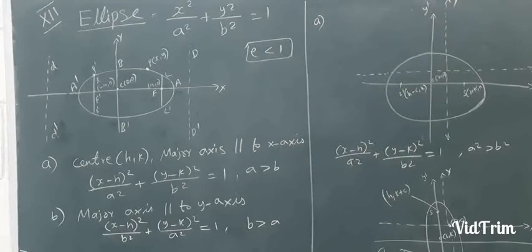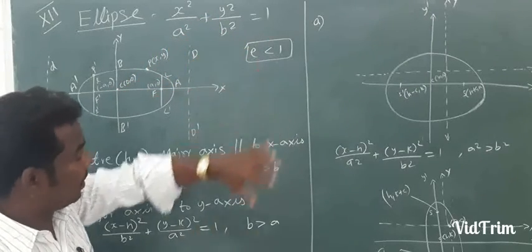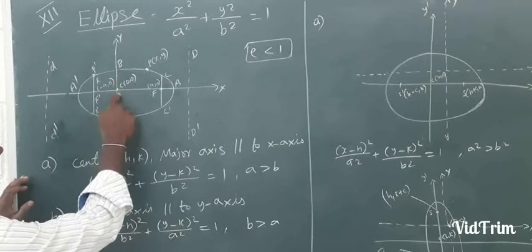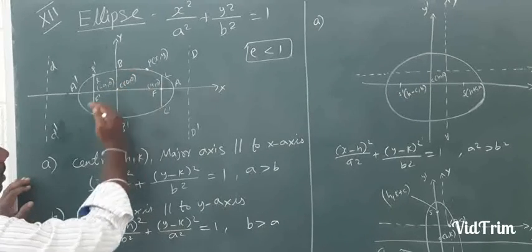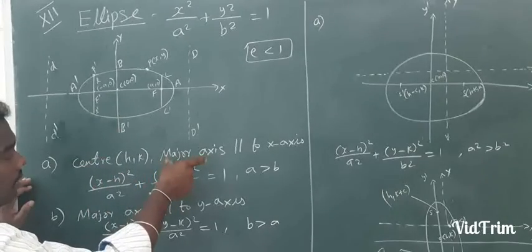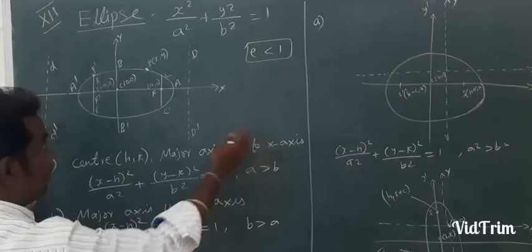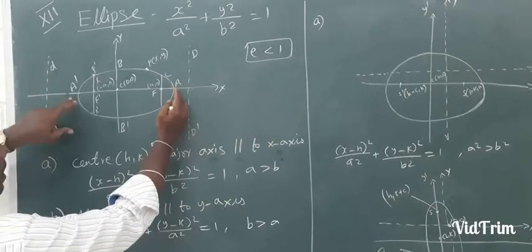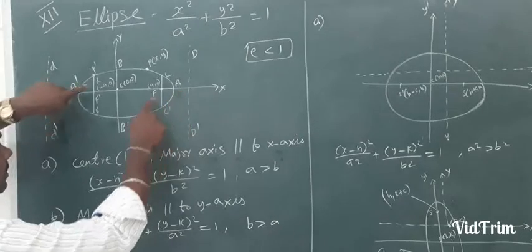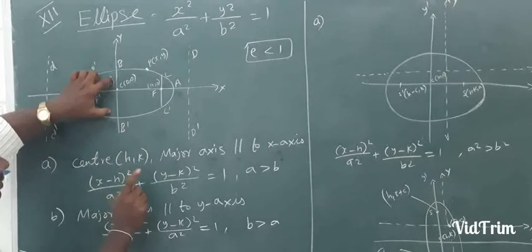The longest part, A A dash, is the major axis, and the smallest part, B B dash, is the minor axis.